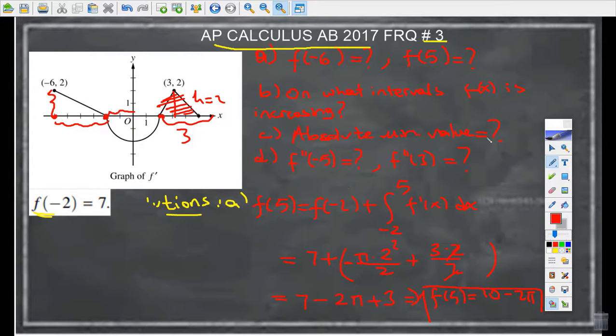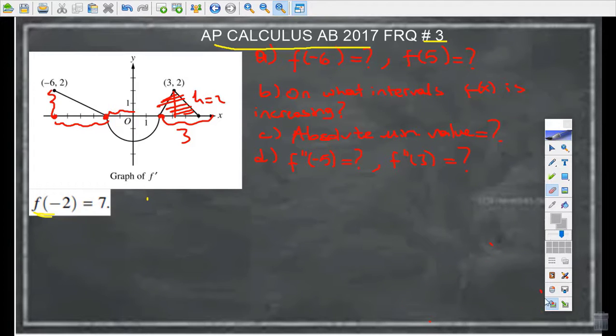Let's move on to part B. Again, let me clean up the board. In part B, we're being asked to figure out on what intervals f of x is increasing. We know that if f of x is increasing on a specific interval, that means f prime x is positive on those intervals.